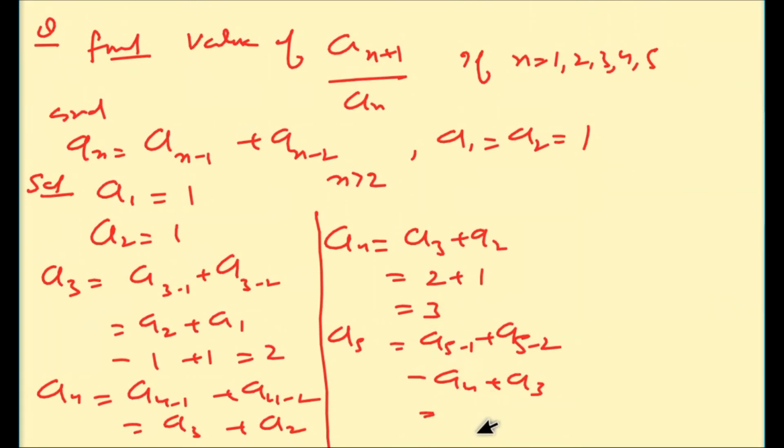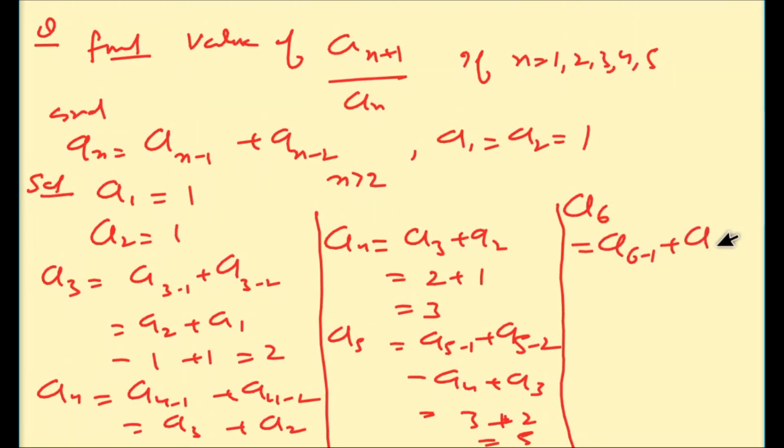Now a4 we got here is 3, and a3 is 2, so we get 5. Now students, if we want to find a6, it is a5 plus a4. a5 is 5 and a4 is 3, so it is 8. This way we can find a1, a2, a3, a4, a5, a6.